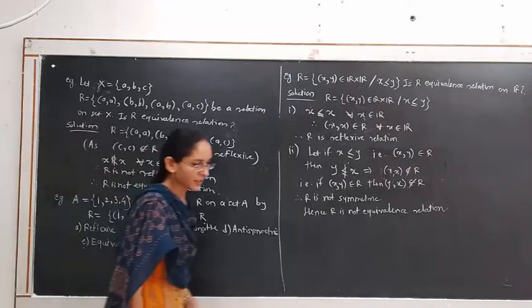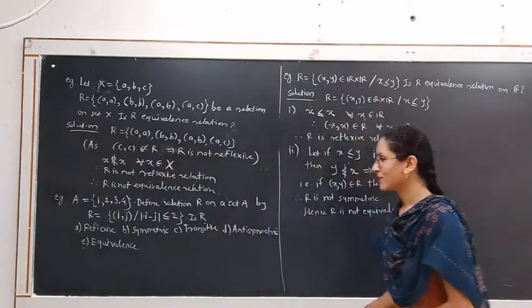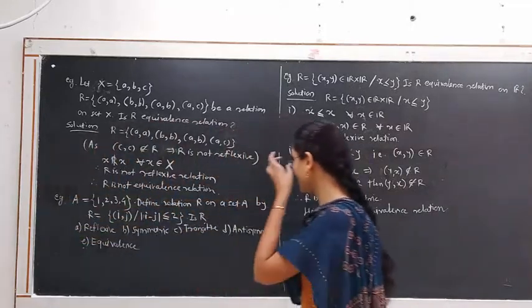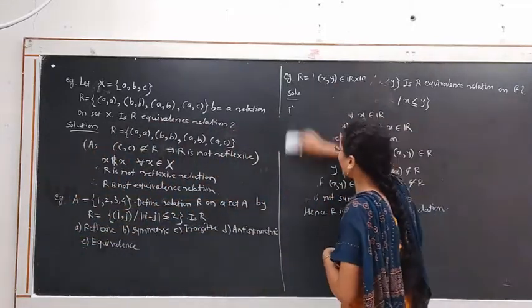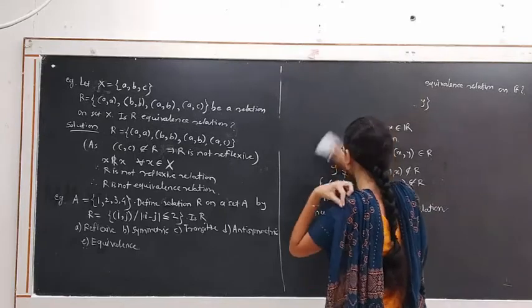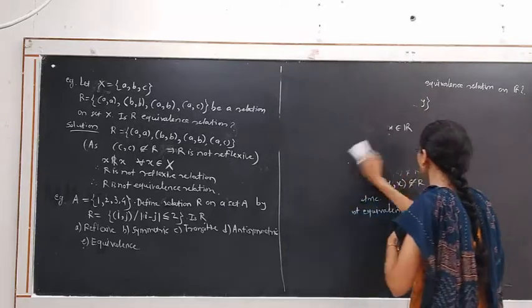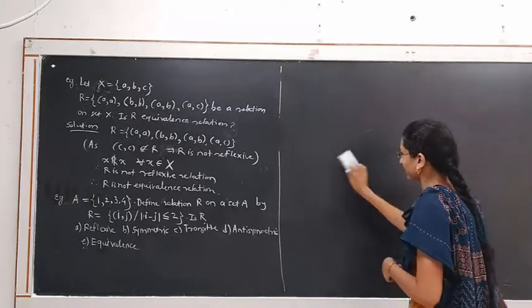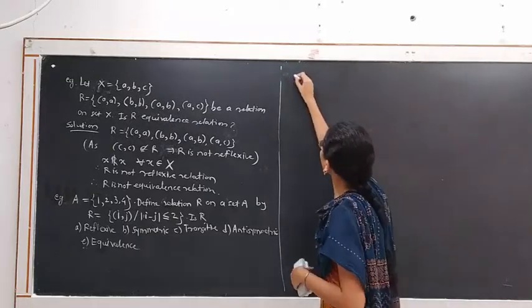Now we check whether the relation R is reflexive, symmetric, antisymmetric, transitive, and equivalence. Set A contains 4 elements. Solution.